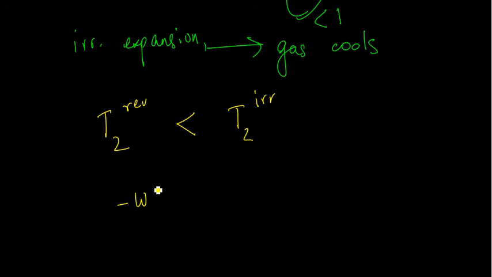Minus W reversible is greater than minus W irreversible. Okay. If you want, you could have used a modulus sign. Work done by the system reversibly is maximum. That's what I said. Yeah.